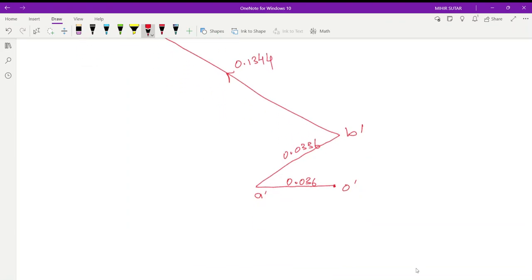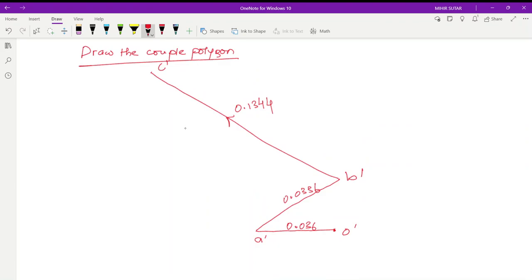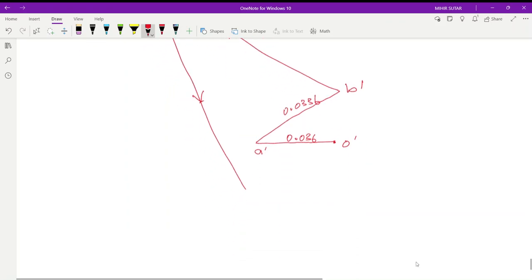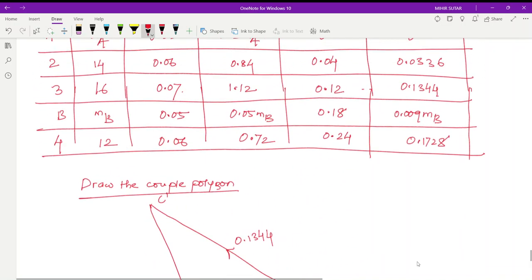Okay, then we will have this point D dash, and this value is 0.1728. Then finally close the side. So this value is 0.009 MB, this one.